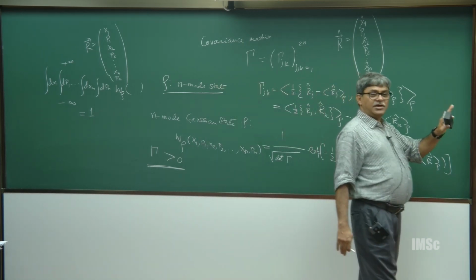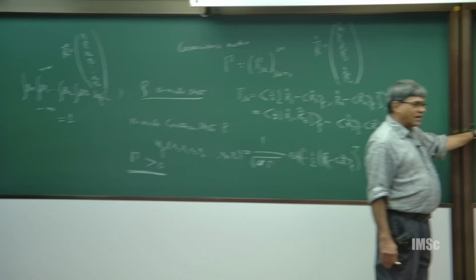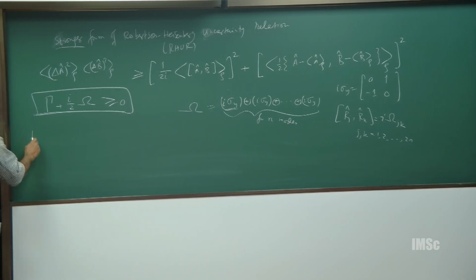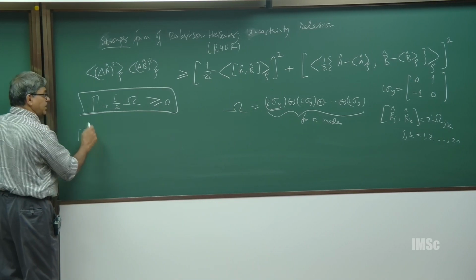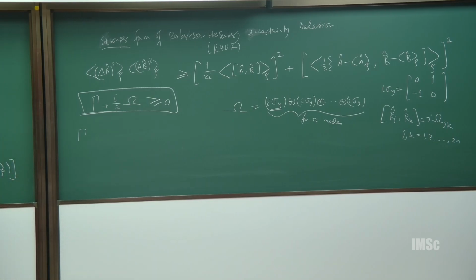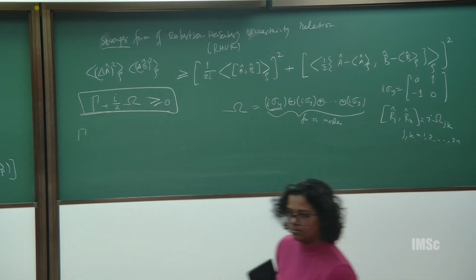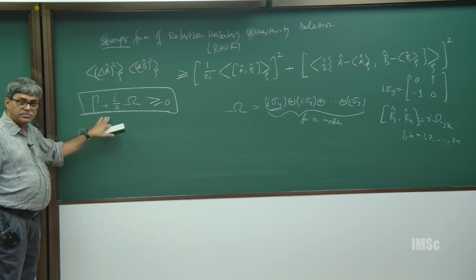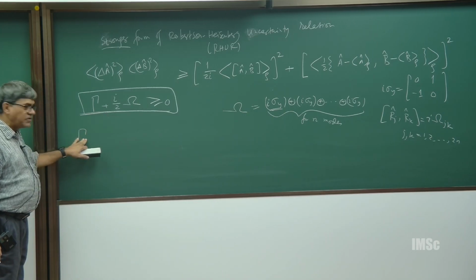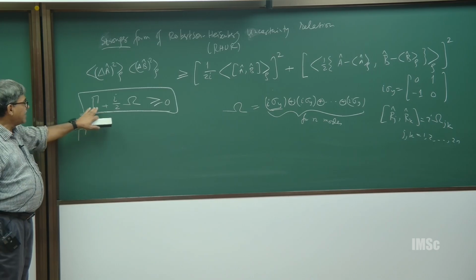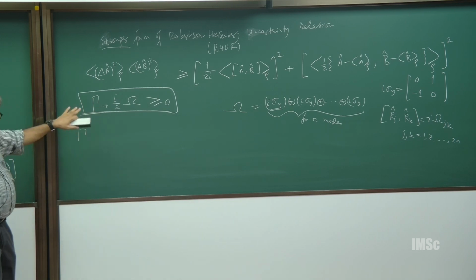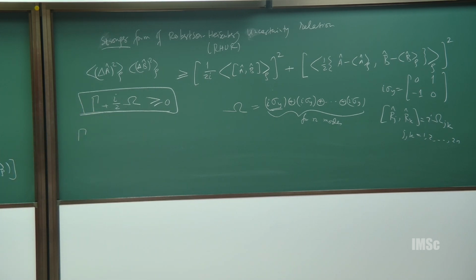But for a Gaussian state, what one can prove is that this is also sufficient, in the sense that if I provide you some gamma which is positive definite, a 2n by 2n positive definite real matrix actually, and if it satisfies this condition, then one can come up with an n mode Gaussian state for which this gamma is the covariance matrix.